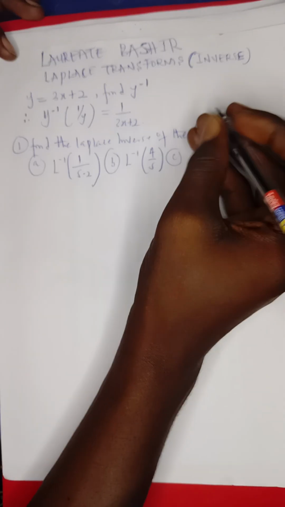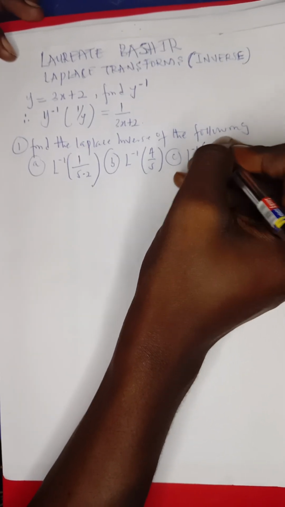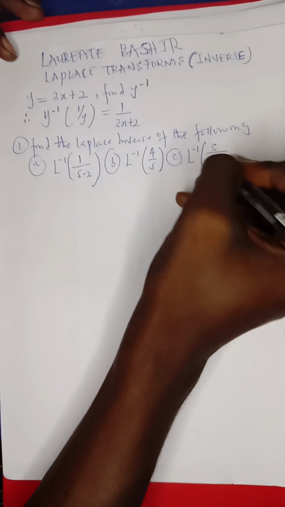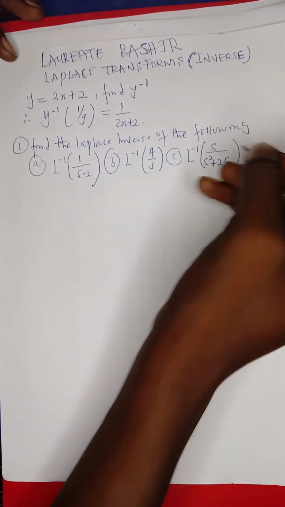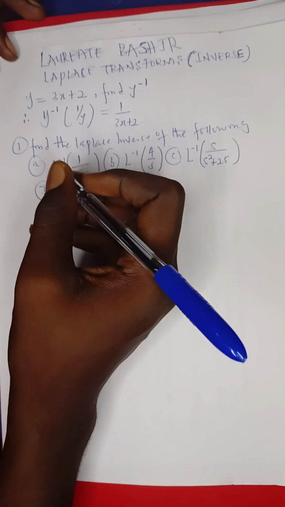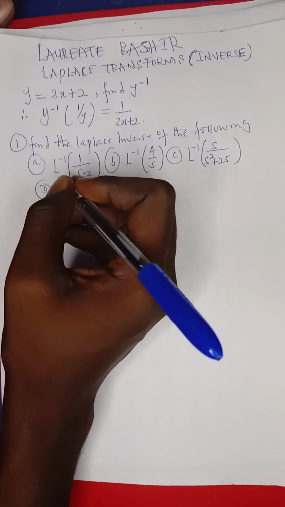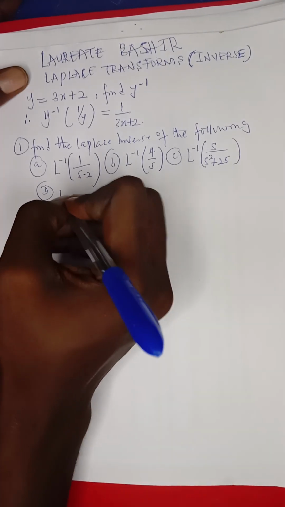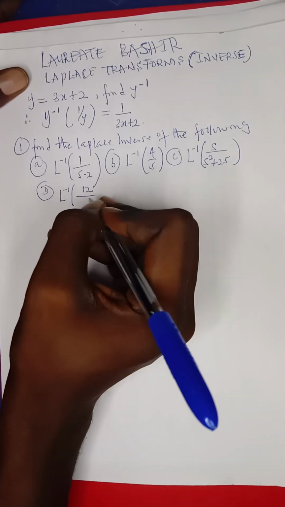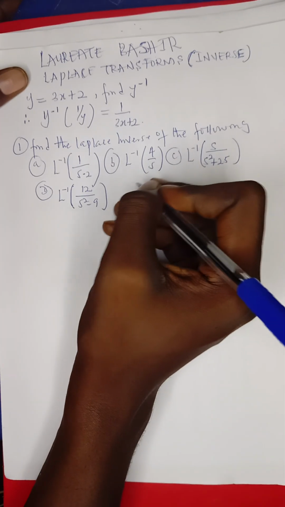C, L inverse of s over s squared plus 225. D, Laplace inverse of 12 over s squared minus 9. Then let me see one more.